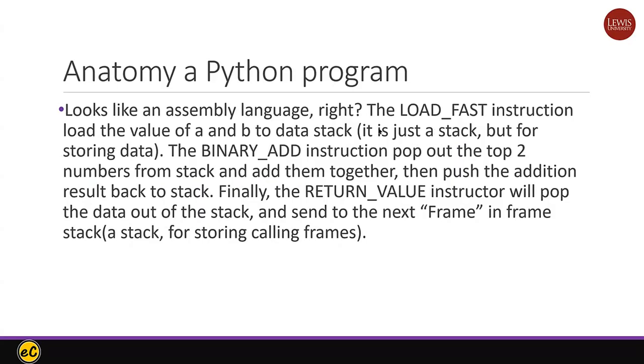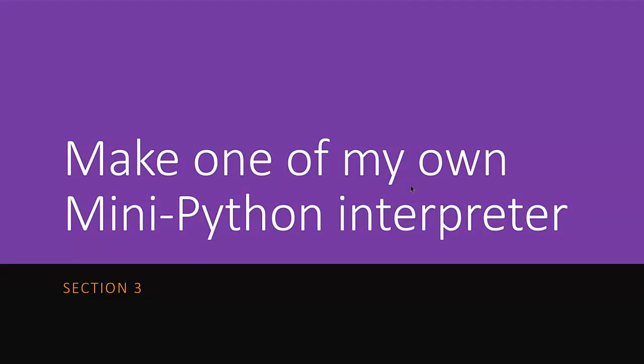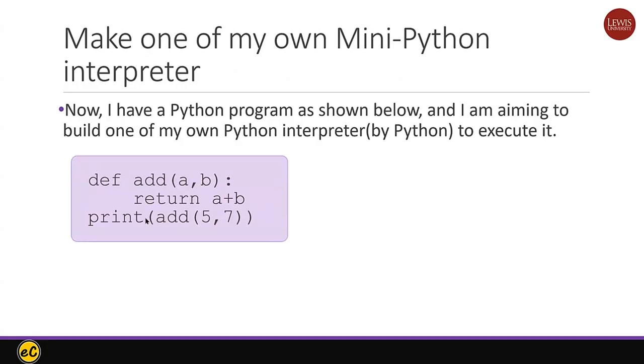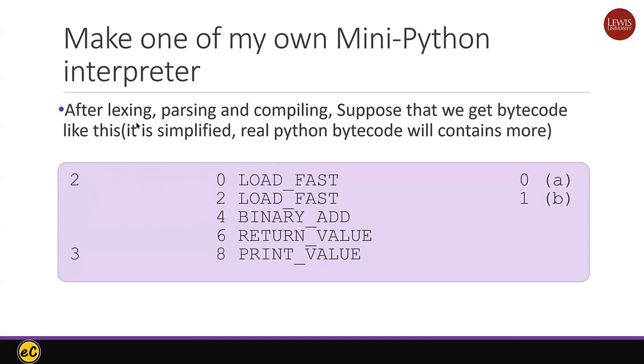Okay, so there is a LOAD_FAST. It's loading the value to the register in a fast mode. So it actually optimizes the loading. Anyway, here if you print add(5, 7), you will get the result. So after compilation, this is the code.